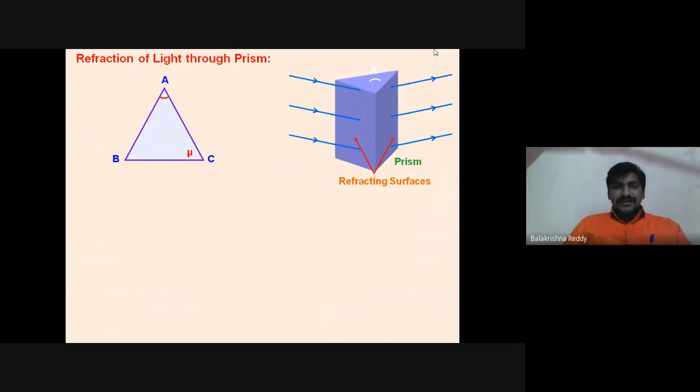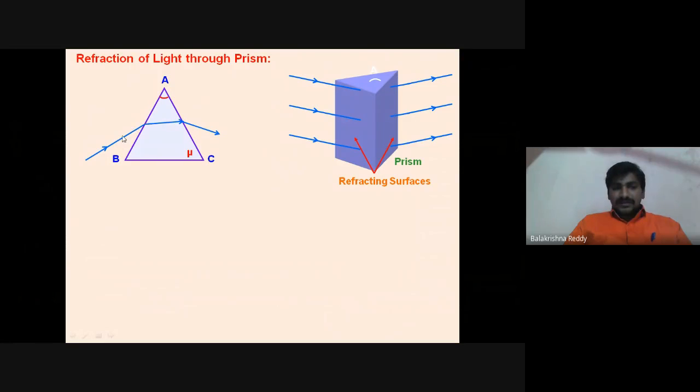So this is a prism having the refractive index mu, which we are considering, and angle of prism A. When a monochromatic light is allowed to pass through it, it will bend towards its normal. Look at this. If you draw the normal, towards this normal it is bending.